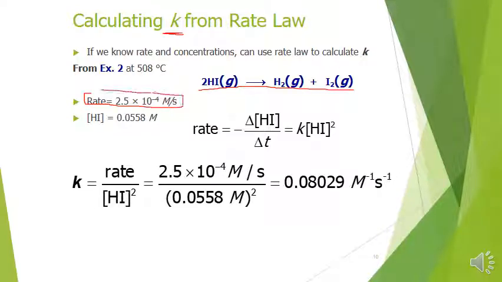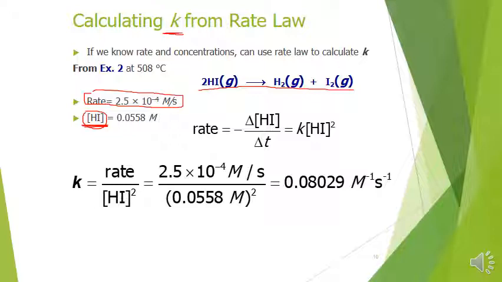Experimentally, the rate was figured out to be this value here, when the concentration of HI was this. Remember, this is our reactant.